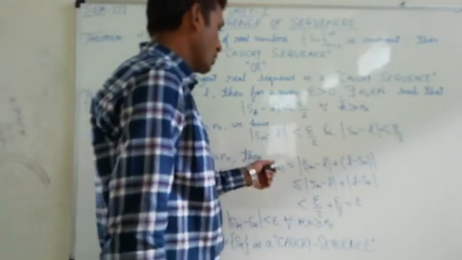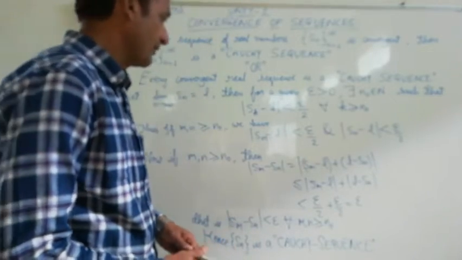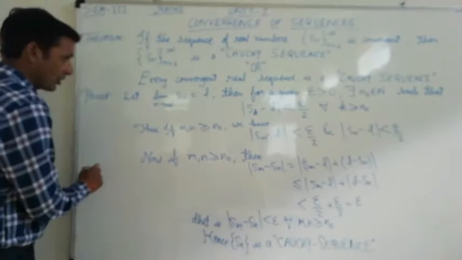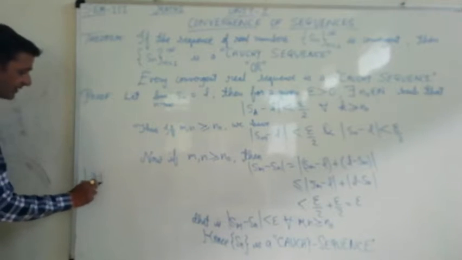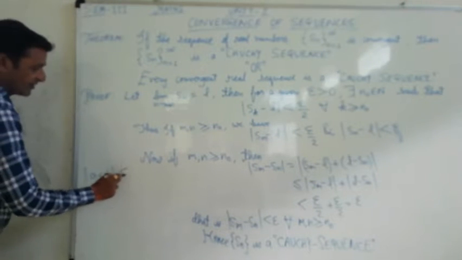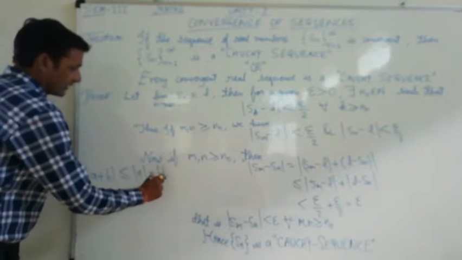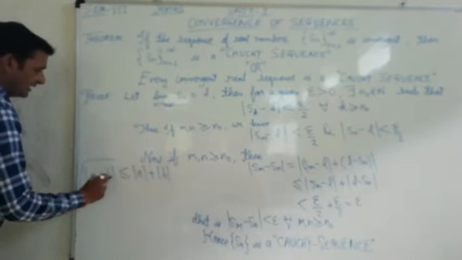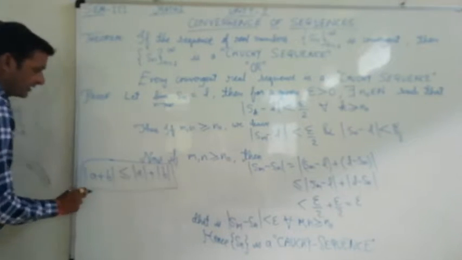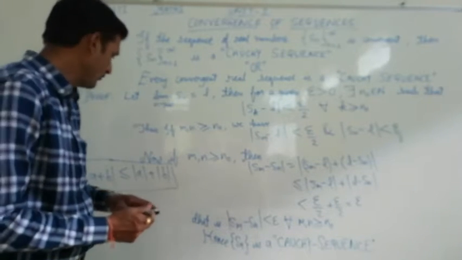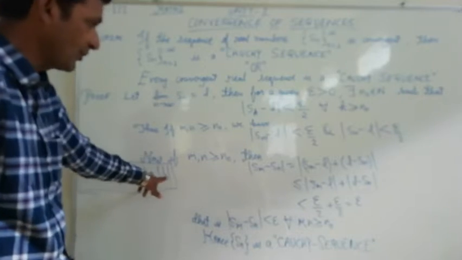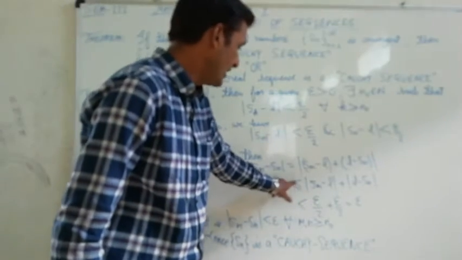So one inequality concept will be applicable here, that mod of a plus b is always less than or equal to mod of a plus mod of b. This is the inequality which is applicable here.